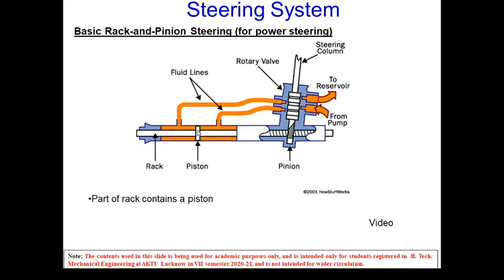So this movement will enable the steering wheel to operate on this side without applying much effort, and vice versa. When this valve is closed, the pressure from the pump is applied over this side, and this fluid pressure acts on the left side of the piston, and this will move the piston to the right side. So this is the entire motion of the power steering system.